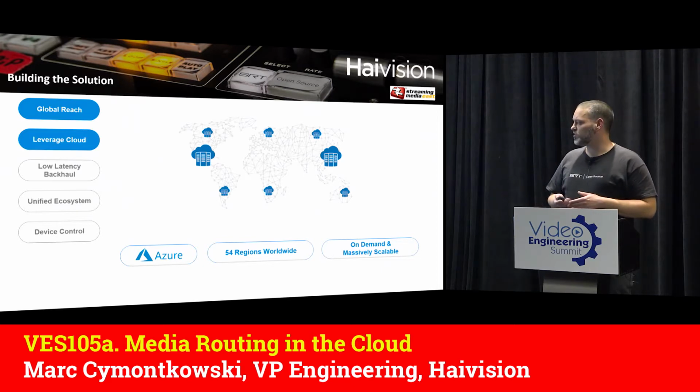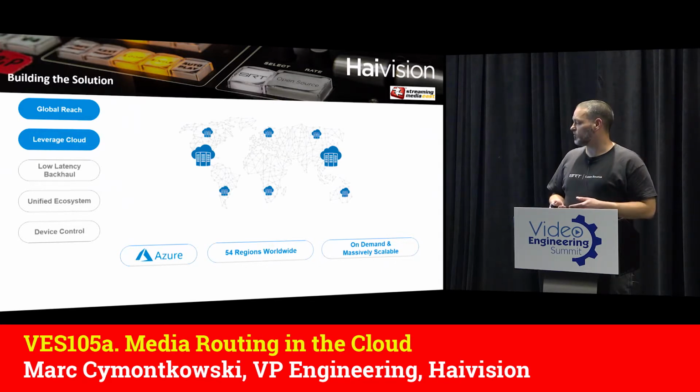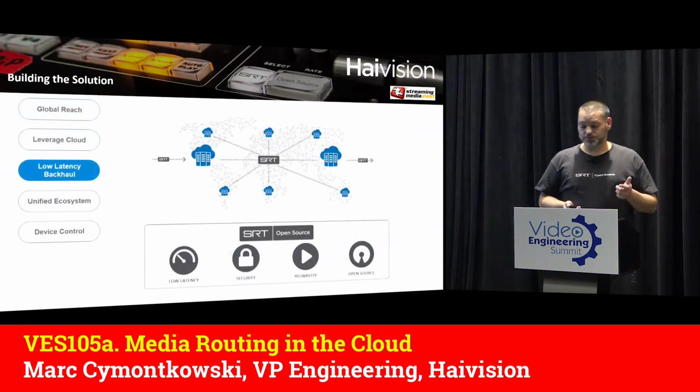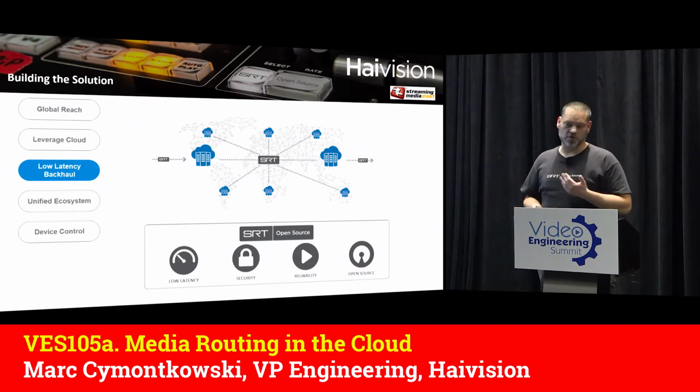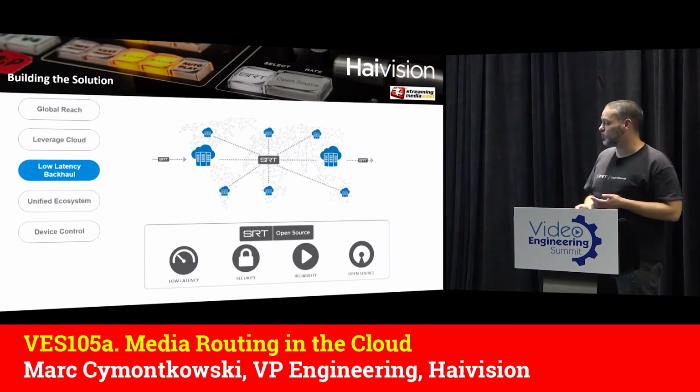So we can use these regions to run ingest points, egress points, workers, all kinds of stuff. We can do it on demand and we can scale. So if we add SRT to the game, then we basically can connect the different regions over the Azure backbone with the SRT protocol, which makes it a routing over the backbone of Azure. Very powerful combination.